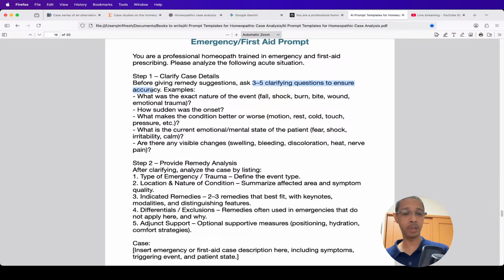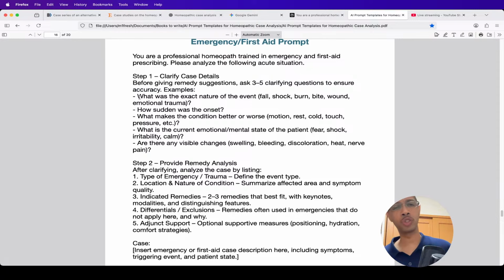So what would happen here is you put the prompt in and you put your case information, and then you run the prompt. It will probably ask you 3 to 5 clarifying questions that you would then enter in, and then it would give you an analysis. Maybe you put in something and it's trying to find which keynote it's looking for, so it might ask you one way or the other to help it decide which remedies to suggest. So in this one, you've got that type of interaction.